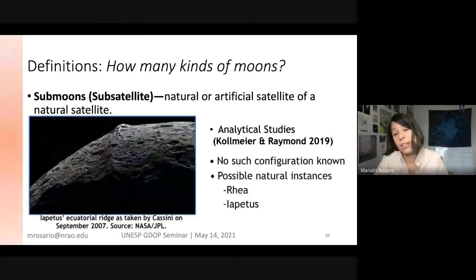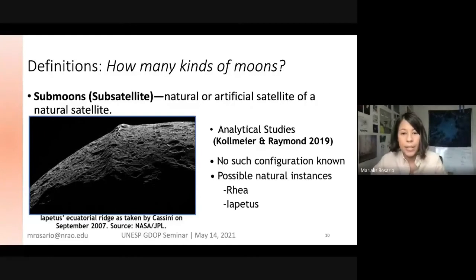Another possible instance that has been argued is Iapetus' equatorial ridge, which was observed by Cassini in 2007. It's also been argued that it is the product of a pre-existing submoon that was eventually lost during migration processes, or tidal migration processes.